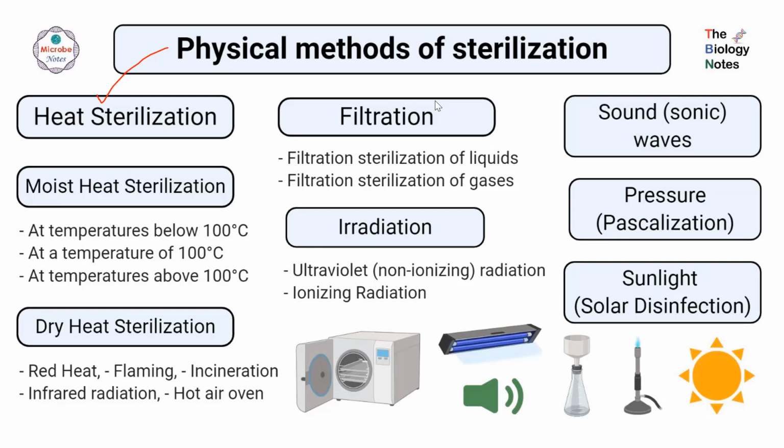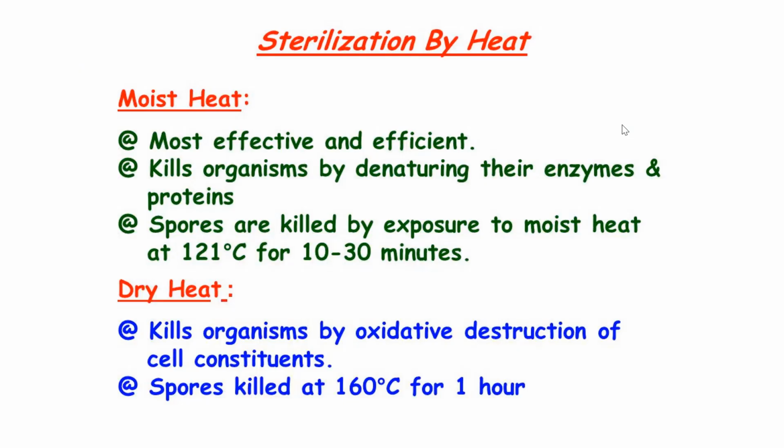Filtration is another process of sterilization, which includes passing a medium like a liquid or gas through a filter, mostly a 0.2 micron filter that does not allow any bacteria to pass through. So we can sterilize liquids and gases. Then we have irradiation, which can be UV or ionizing radiation, and some less commonly used methods are sound, pressure, and sunlight. Sterilization by heat is the most commonly used, and moist heat is the most effective and efficient.